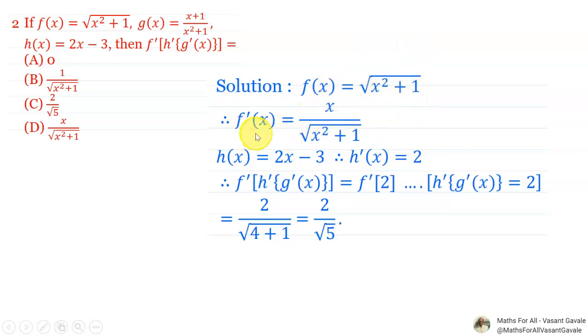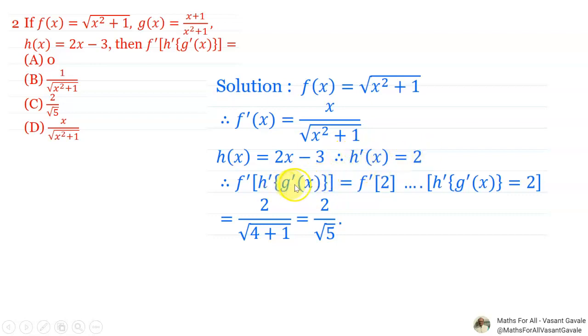After simplification you will get f dash of x is equal to x upon root of x square plus 1. What about h of x? h of x is 2x minus 3. If you find its derivative, then you will get 2, and hence we write directly f dash of h dash of g dash of x, which is the constant. This derivative h dash of x is a constant function.